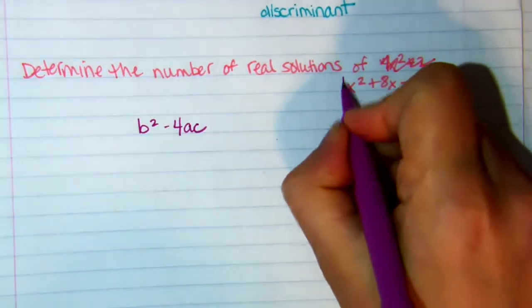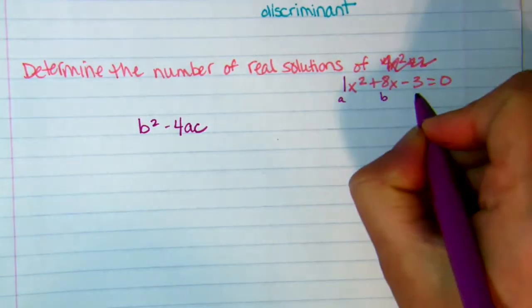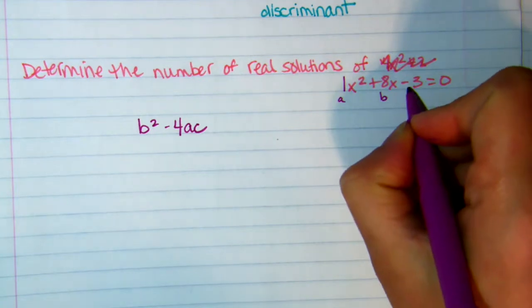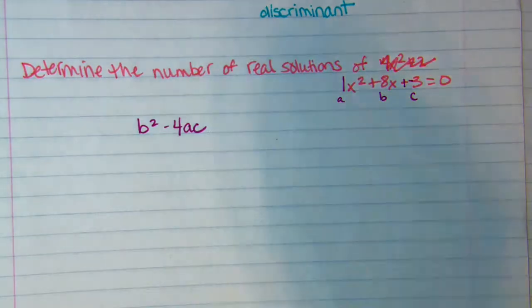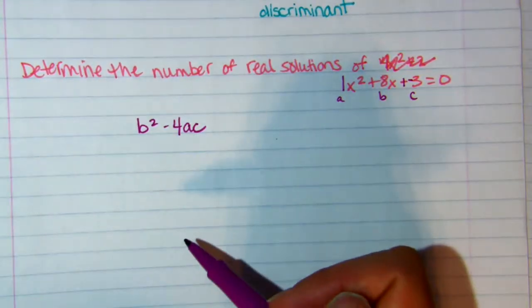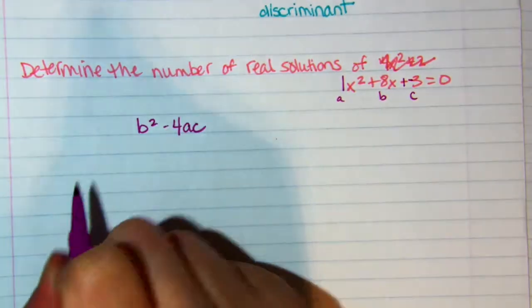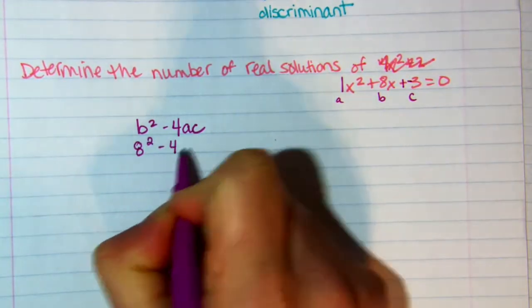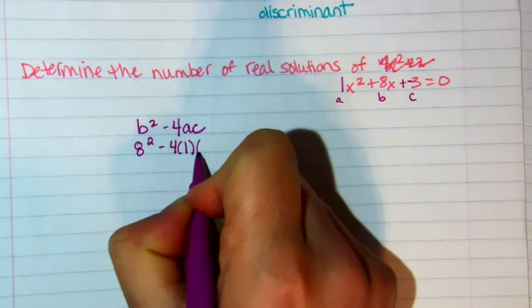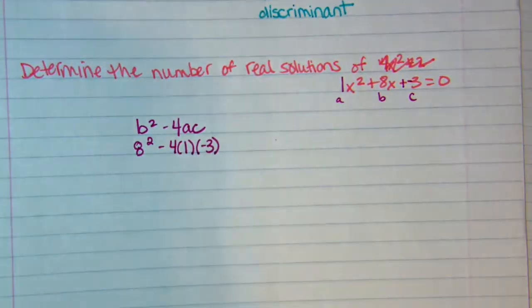So in this case, a is 1, b is 8, c is negative 3. Be really careful, you're subtracting 3. So think about that as adding a negative 3 when you plug into this portion of the quadratic formula. So 8 squared minus 4 times 1 times negative 3.